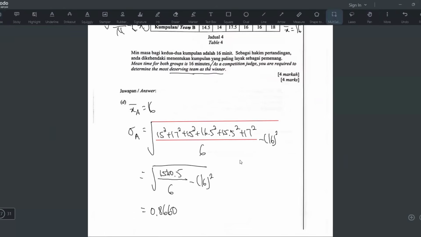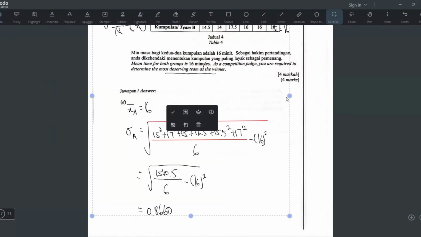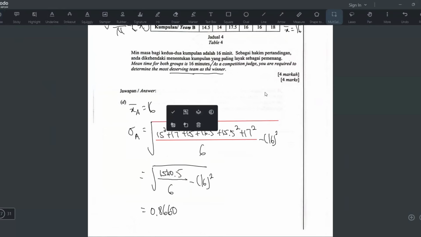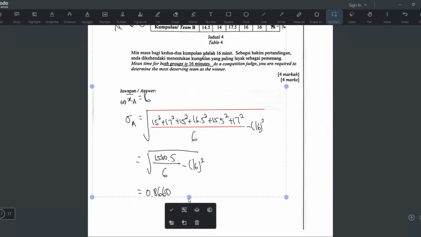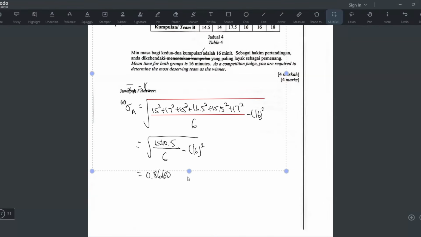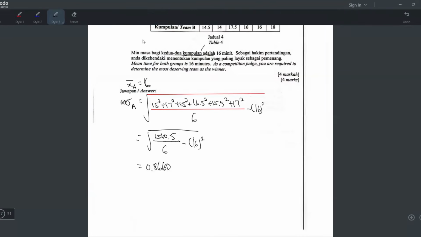Now it's time to do team B, but I don't have enough space, so I will do it down here. The mean for B is also 16, because I remember they said they have the same mean.